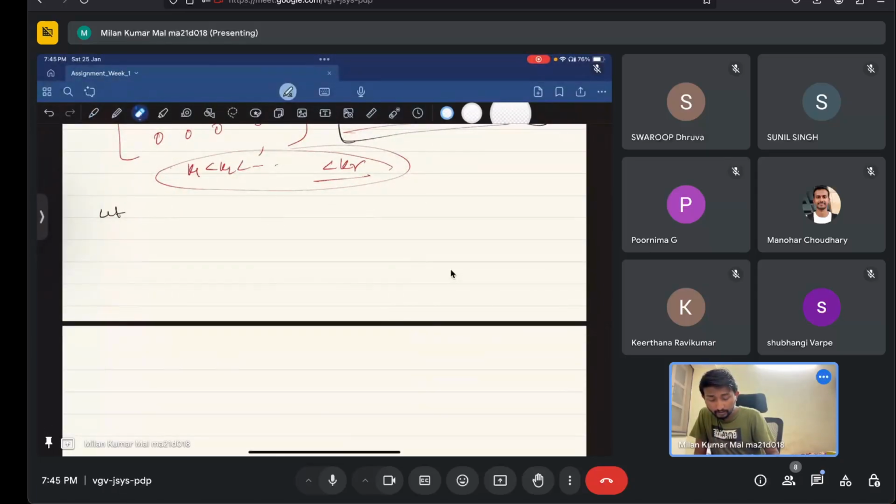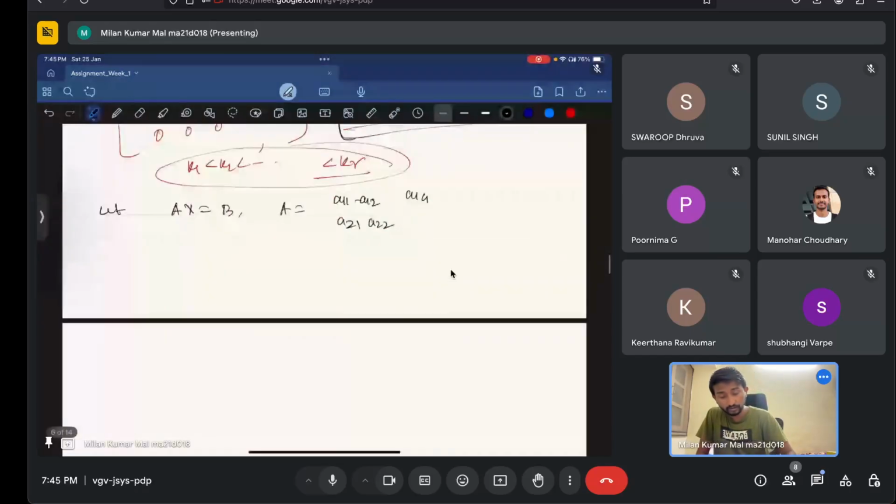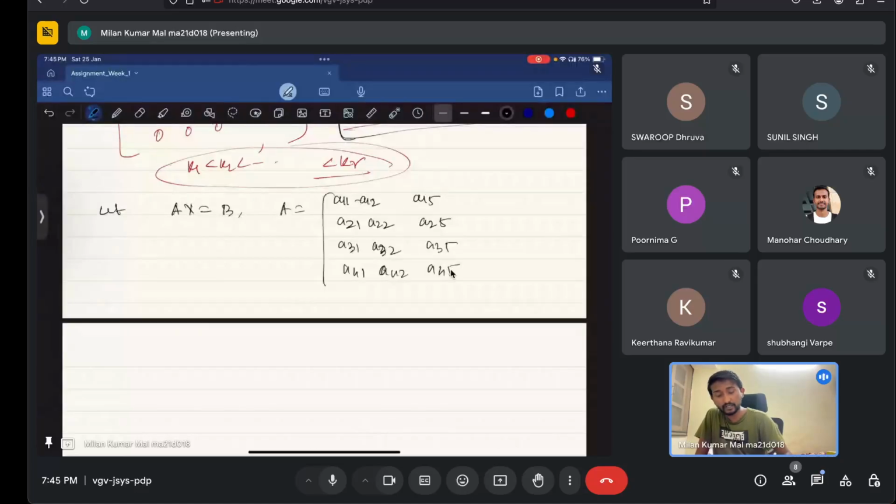Let Ax equal B. A is a 4 by 5 matrix, I'm writing A11, A12, A14, A15, A21, A22, A25, A31, A32, A35, A41, A42, A45. Okay, this is the matrix.